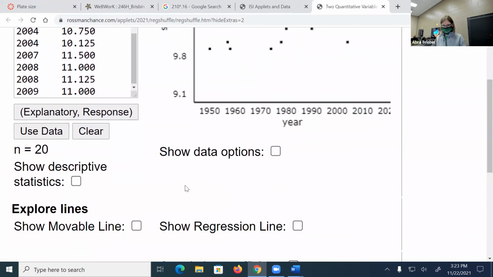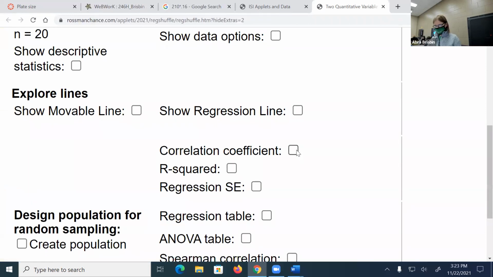Yes, because even though it doesn't go with the trend, it's still... Right? So is it an outlier because it's so far away? It's not really far away from the rest of the year. Because it's still on the line.